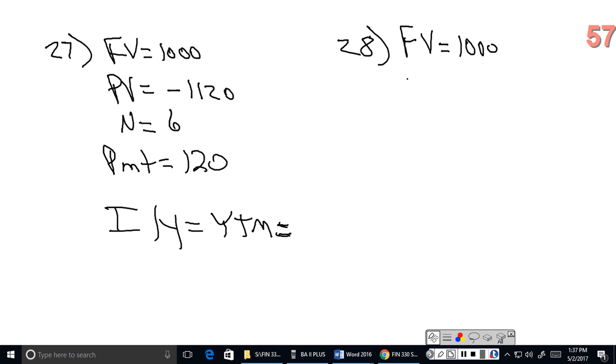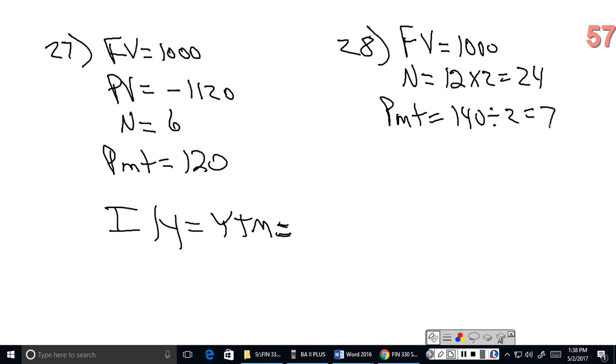N is going to be 12 times 2, it's 24 because this is a semi-annual interest bond. Coupon rate is 14%, so that's going to be 140 per year divided by 2, which is 70 every 6 months.